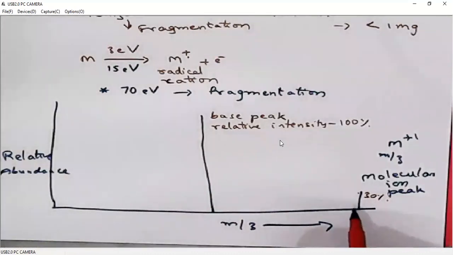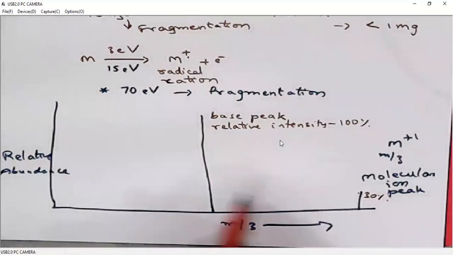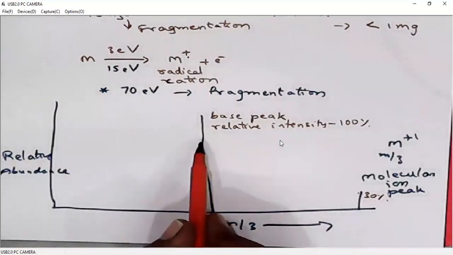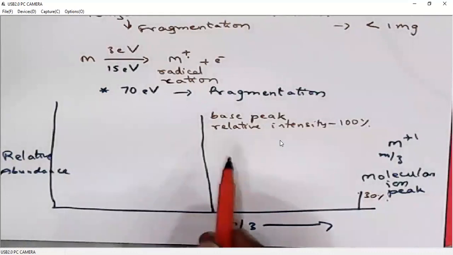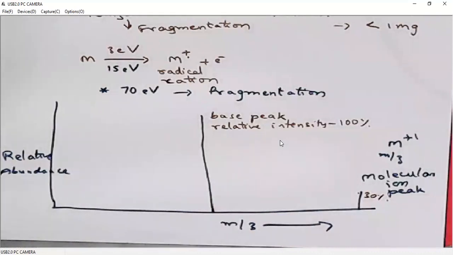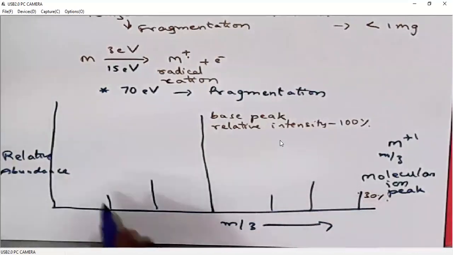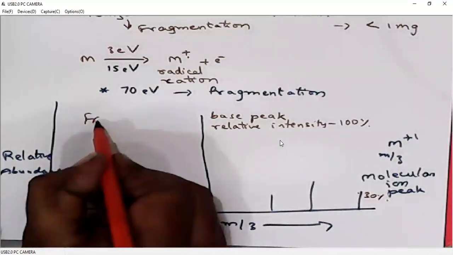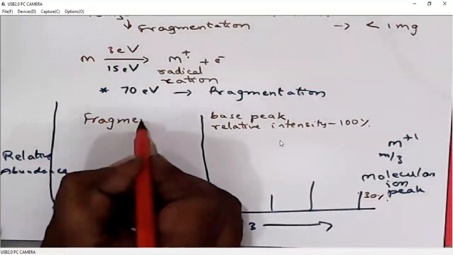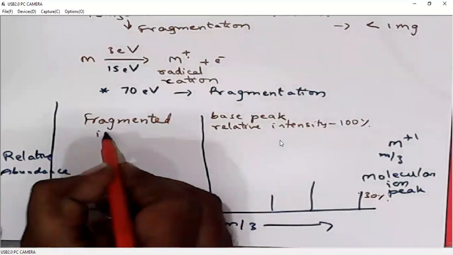So the last peak on the right side is called the molecular ion peak. The peak which has very high intensity is called the base peak. And we also have many peaks in between. All these peaks are called fragmentation peaks or fragmented ion peaks.